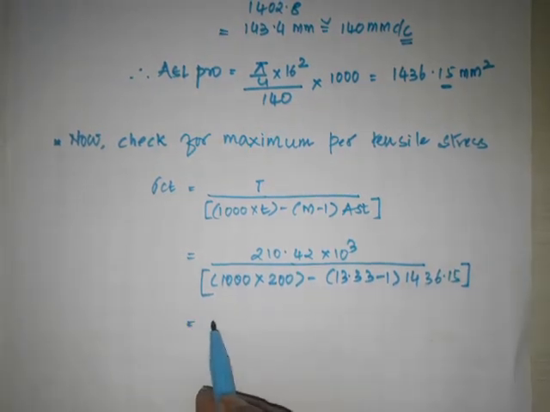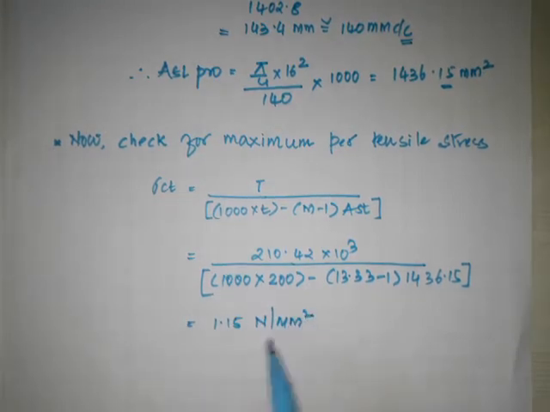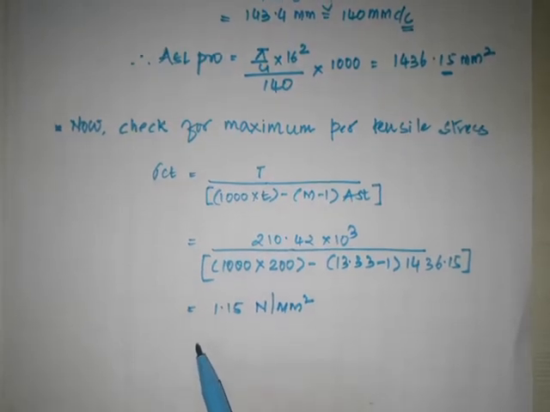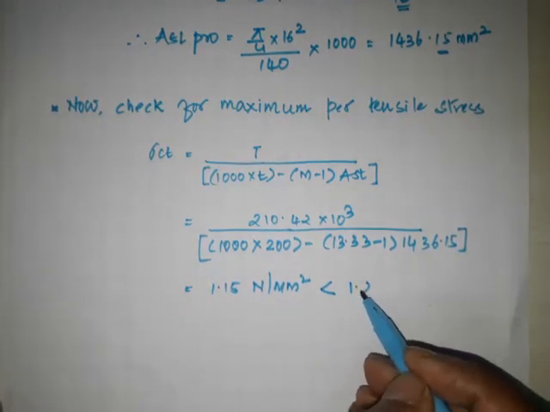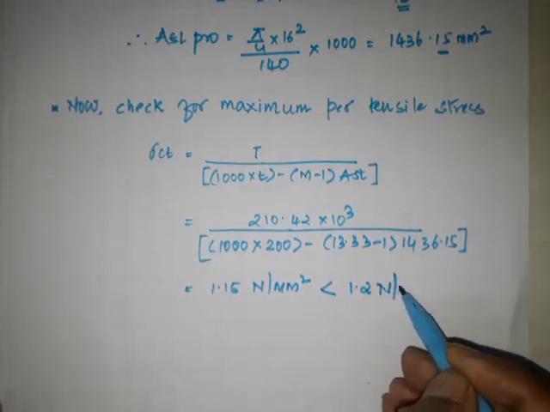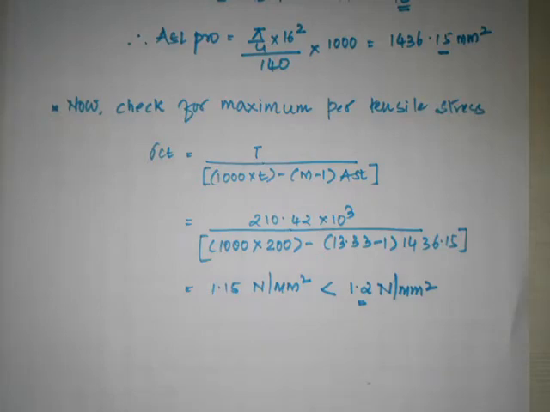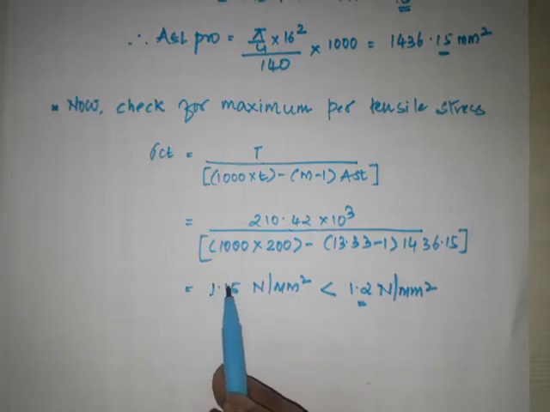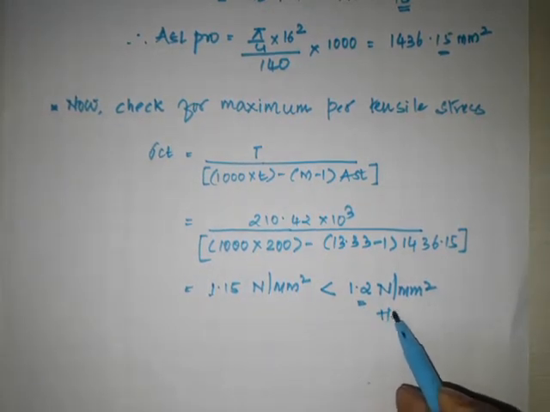So we get here 1.15 Newton per mm square, which is less than the allowable stress, 1.2 Newton per mm square. I told you, for M20 grade of concrete the allowable stress is 1.2 Newton per mm square. So the stress developed is 1.15, which is less than allowable, so hence safe.